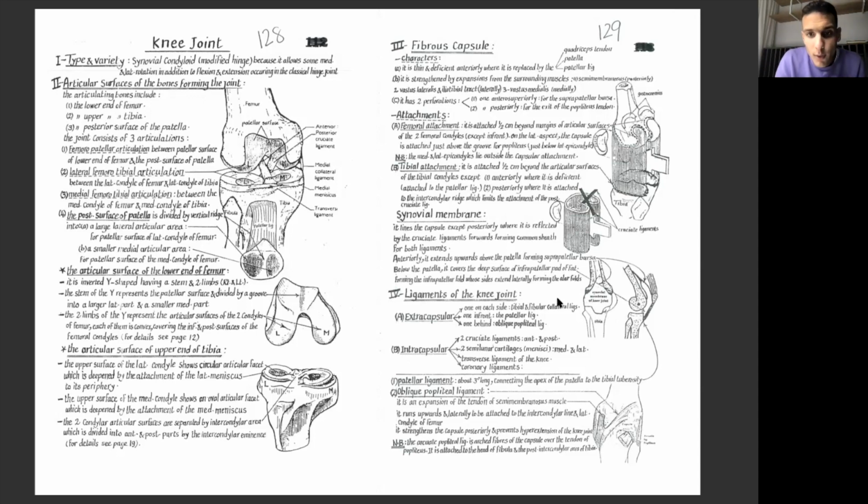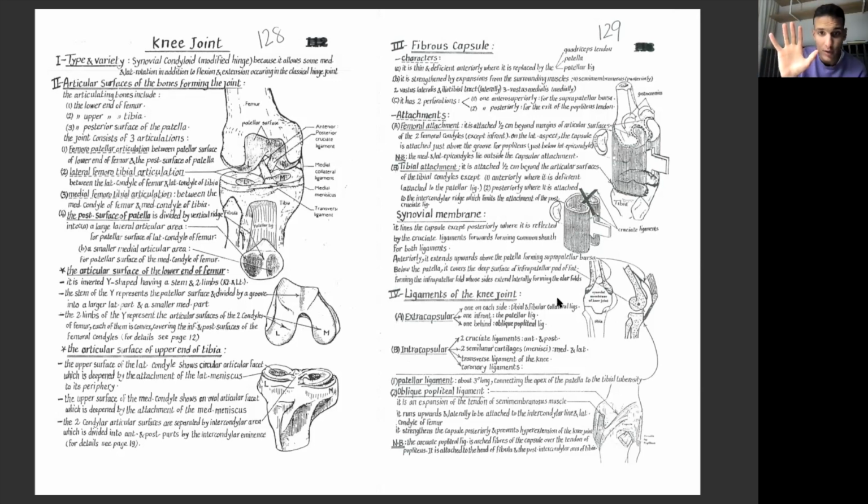One in front, the patellar ligament, extends from the patella to the tuberosity of the tibia, and one behind, the oblique popliteal ligament. I think there's one more called the arcuate popliteal ligament, which is not mentioned here. So it's five.